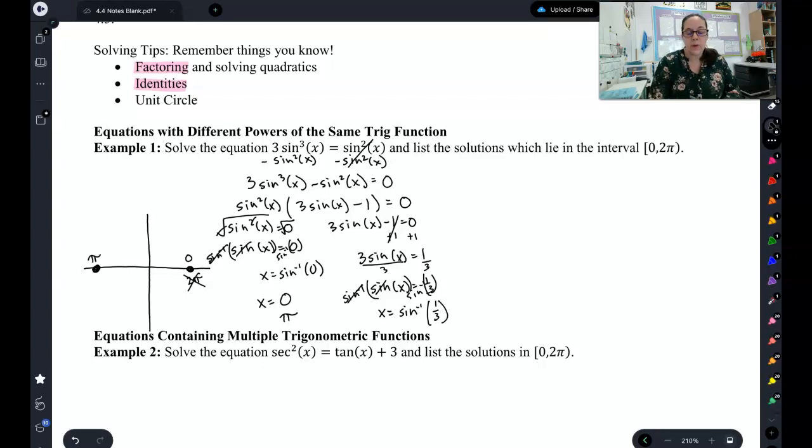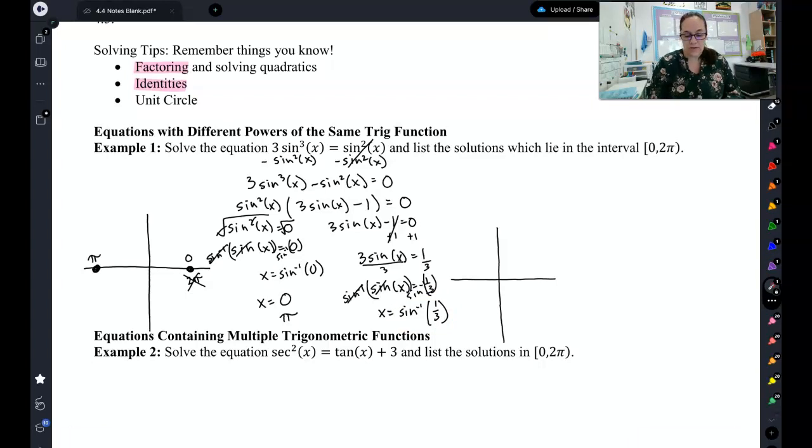And you'll notice pretty quickly, 1/3 is not a unit circle point. So this part of the problem you would do with a calculator. Remember to make sure your calculator is in radian mode. We'll always be in radian mode for the rest of this lesson. And we're just going to type in arc sine of 1/3 to see what radians we get.